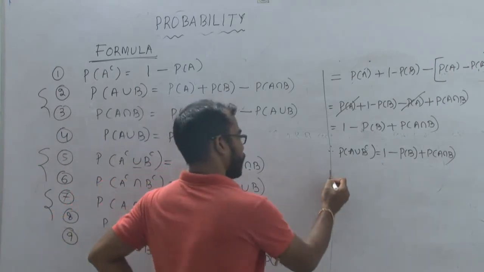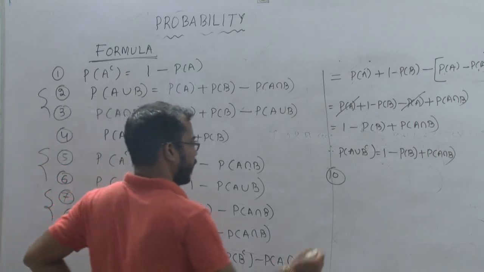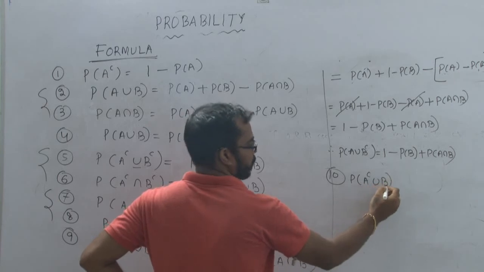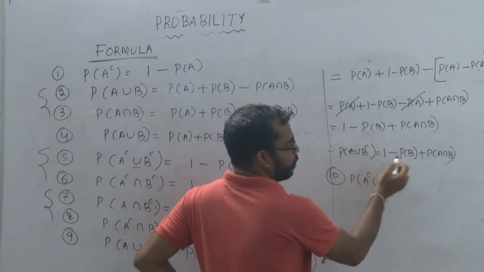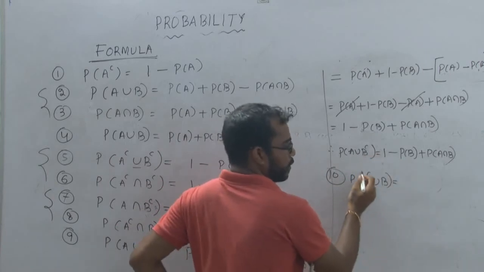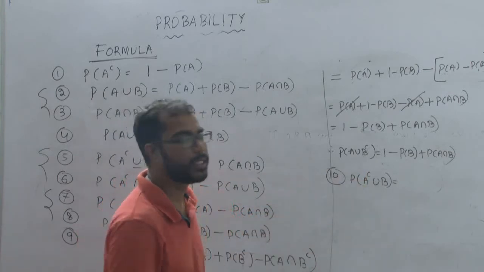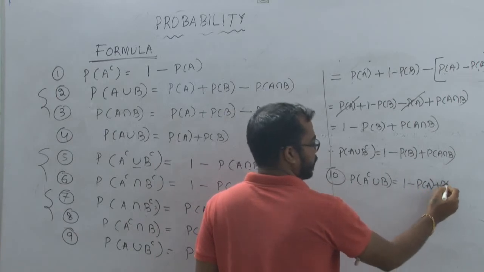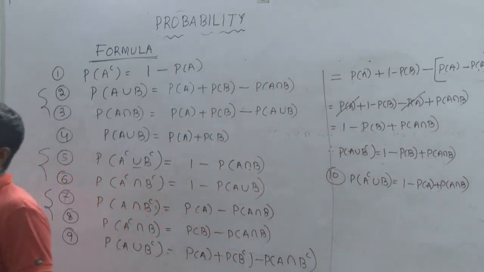Now proceed to formula number 10, and that is the last formula, probability of complement of A union B. Similarly we write, if we take complement of B, then we can write here probability of B. In this case, probability of complement of A, so we can write 1 minus P of A plus probability of A intersection B. So these are the formulas that we have learned in class 11.